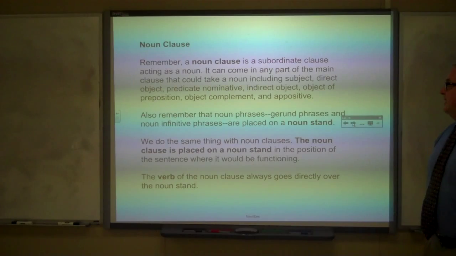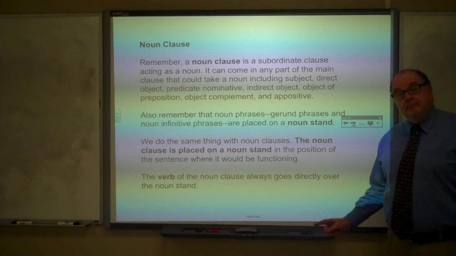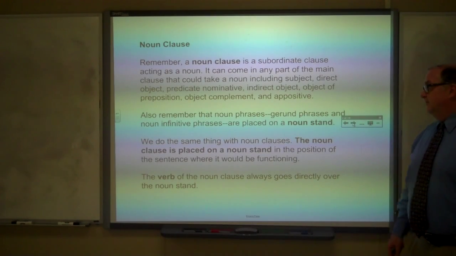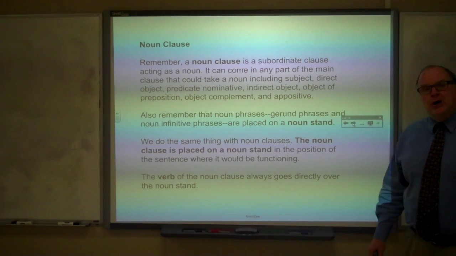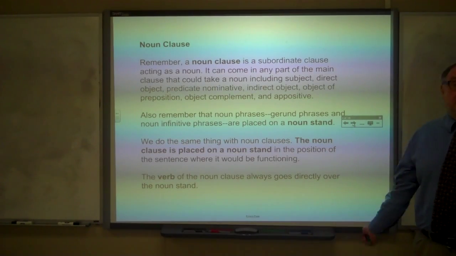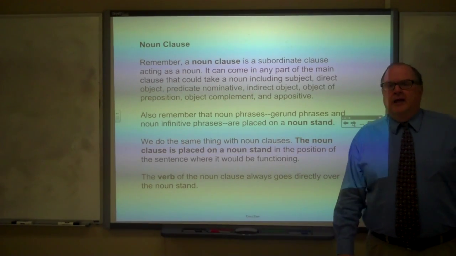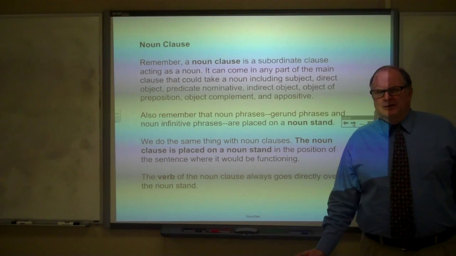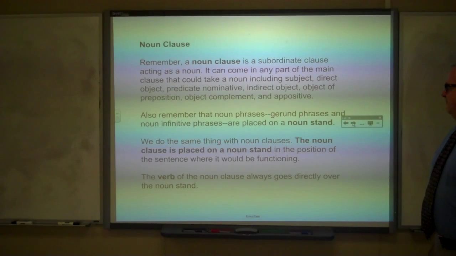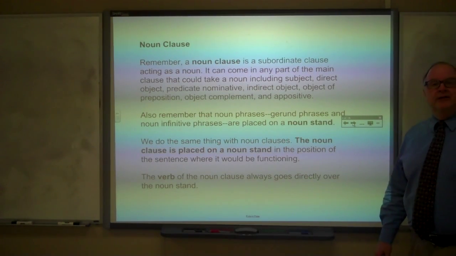The noun clause is placed on a noun stand in the position of the sentence where it would be functioning. And the verb of the noun clause always goes directly over the noun stand. Of course, clauses always have verbs, unless maybe it's an elliptical clause, but elliptical clauses are adverbs, not nouns anyhow.